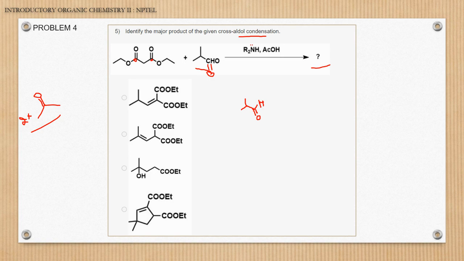Anyone? I have asked you, among these three, 1, 2, 3, which is the more electrophilic carbonyl carbon to which this secondary amine should add, as it is a nucleophile, right?